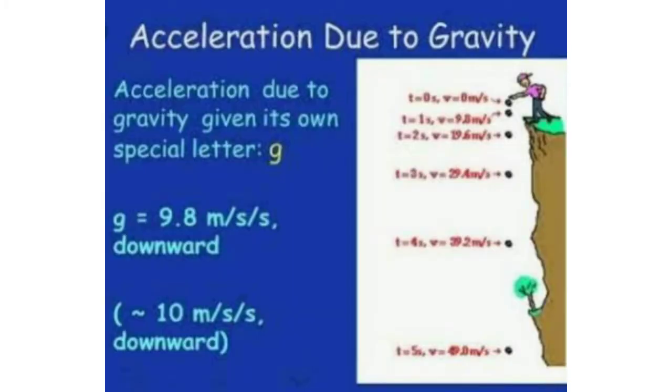It is represented by g. The value of g is equal to 9.8 meter per second square. The approximate value is 10 meter per second square. So the formula is F = m × g.